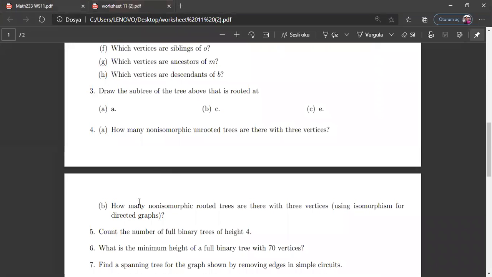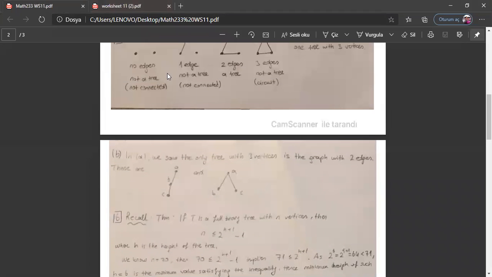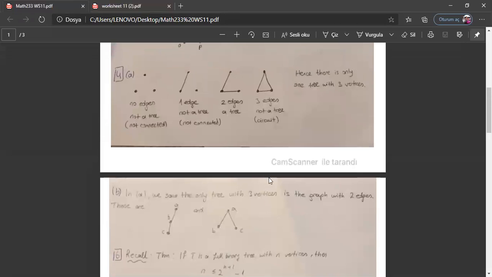And what about B? Now we will find, again, non-isomorphic rooted trees with 3 vertices. Now here, before we solve that, the only tree with 3 vertices is this one, right? With 2 edges. So now we want it to be rooted, right?